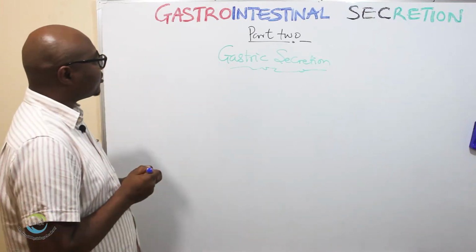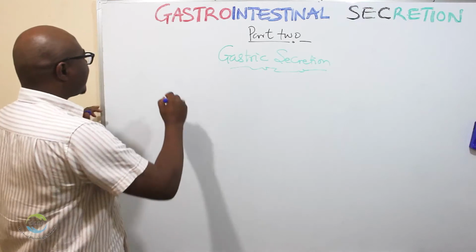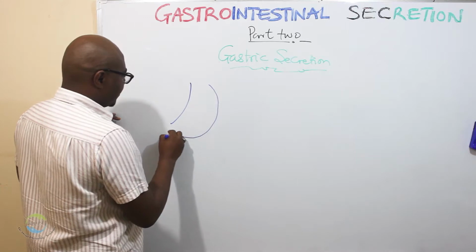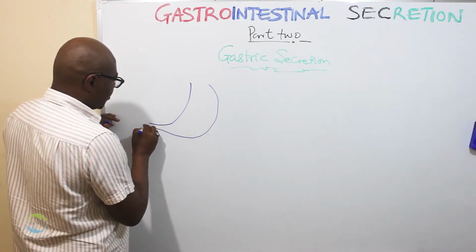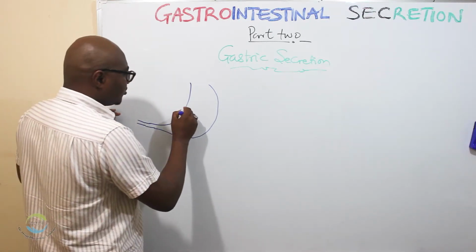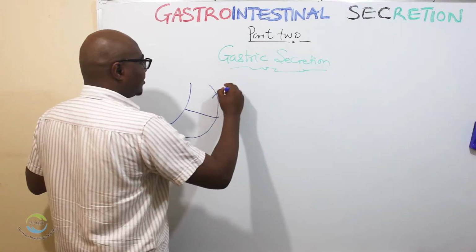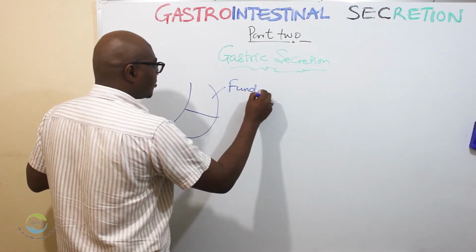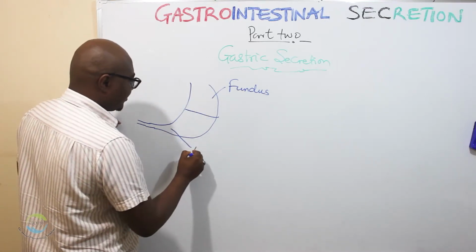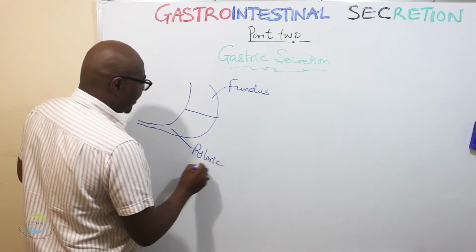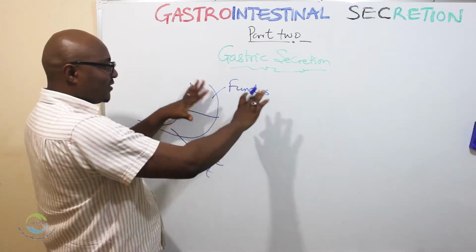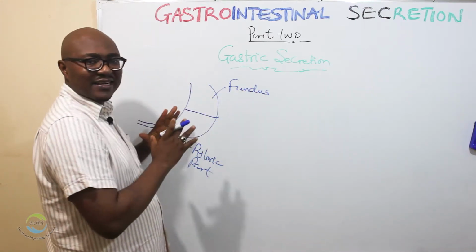So gastric secretion. Let's say this is the stomach that becomes the small intestine, the duodenum. The stomach has the upper part, the fundus. Then you have the pyloric part around this side. So you have the fundic glands and the pyloric glands.